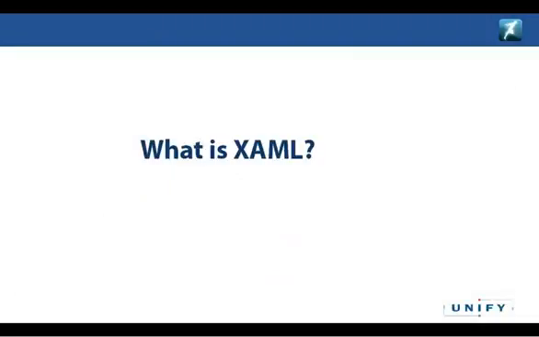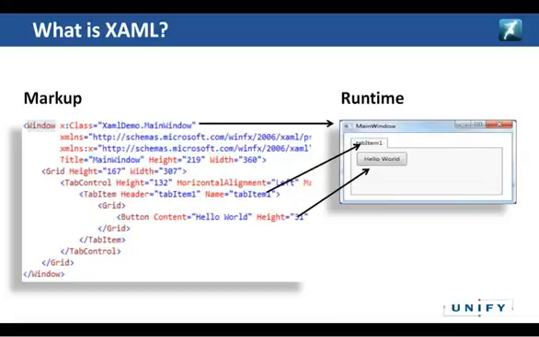So what is XAML? What you see here on the left side is the XAML markup, which is the XML code that defines what you see at runtime on the right side. Basically, on the right side there is a main window. That main window contains a tab, and on the tab there is a push button.